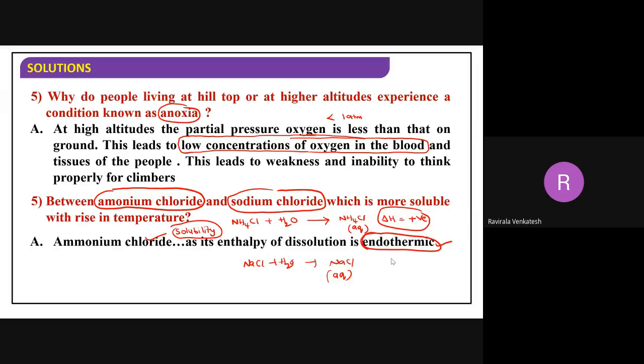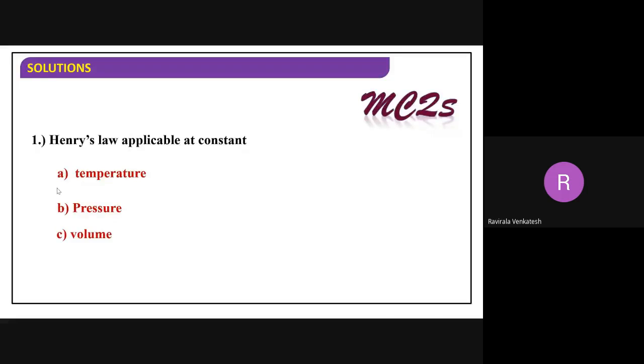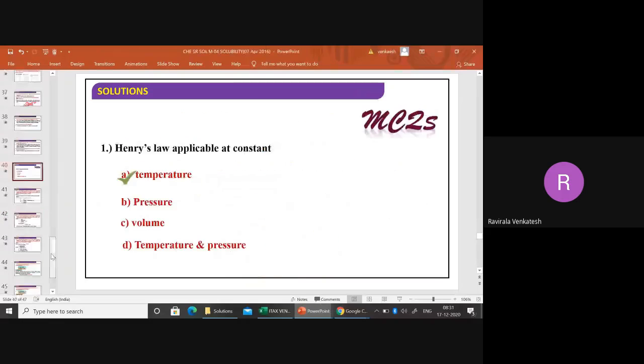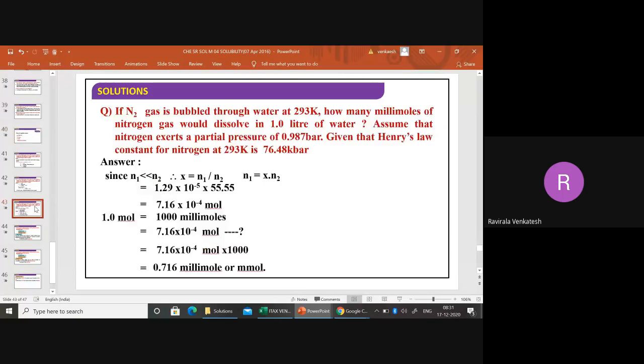When you rise the temperature, solubility will decrease. I discussed this yesterday. Understood better, everyone? If they ask this question, you have to give the answer like this. So I will move to the next. Already you have done the problems which were given yesterday.